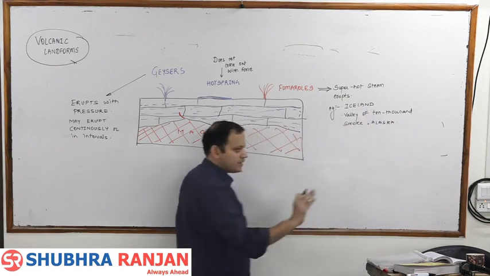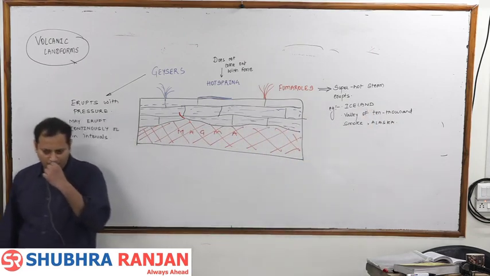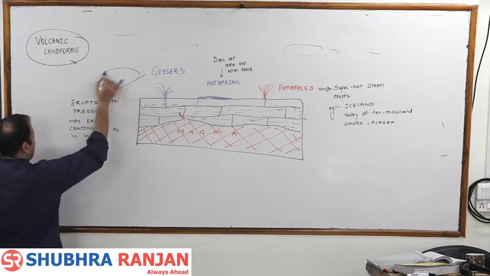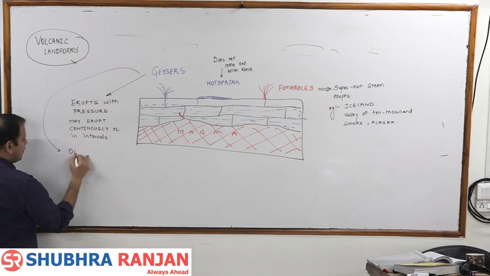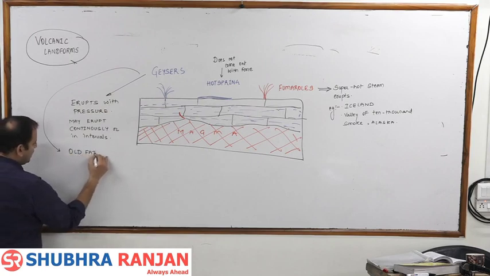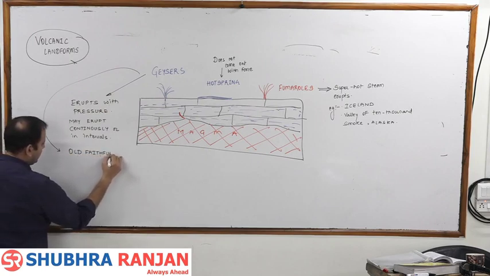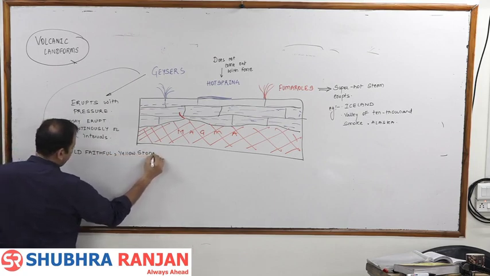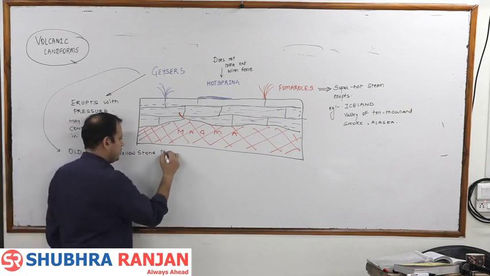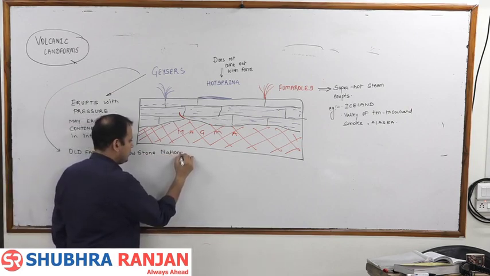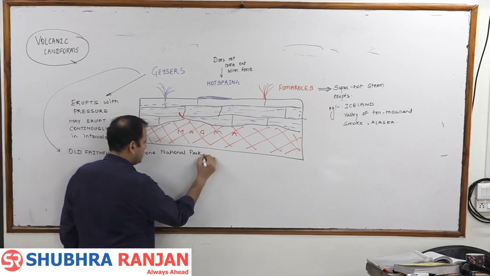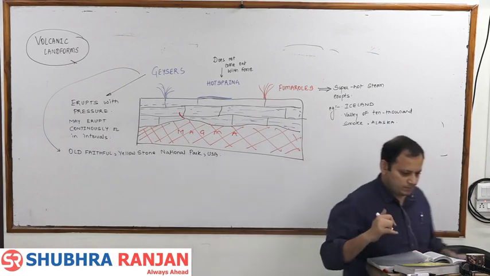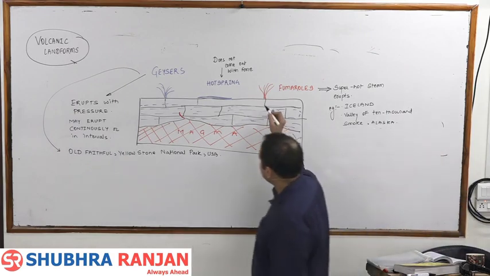So entire Iceland is like this, fumaroles. इसके एग्जाम्पल तो बहुत सारे हैं.